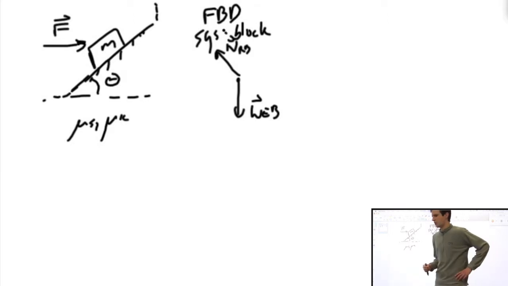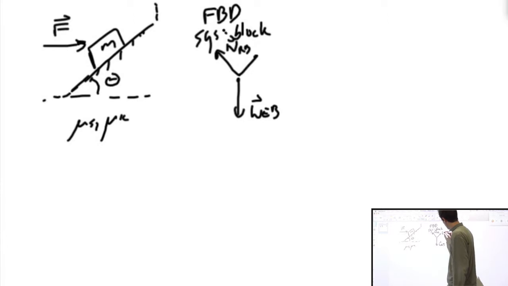I also know that if I take away the person's force, and I take away the friction, this block's going to slide down. So what I want is to push with as little force as I need to. And so I want the most help from static friction that I can get. So I want it to point up the ramp, because that helps me out with my force.